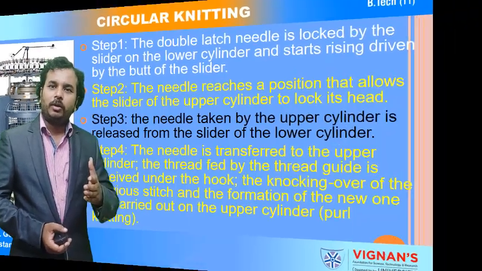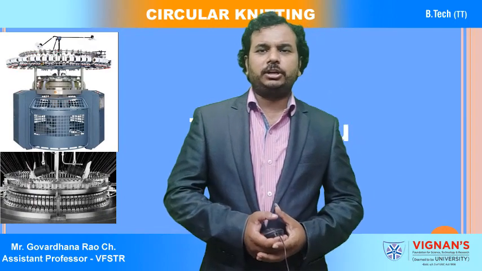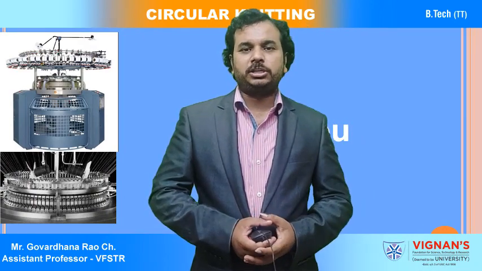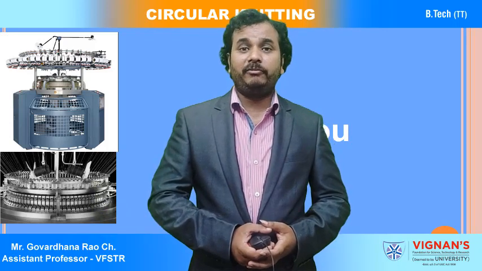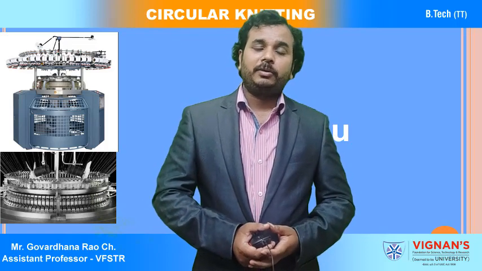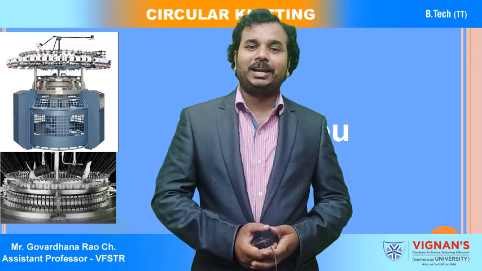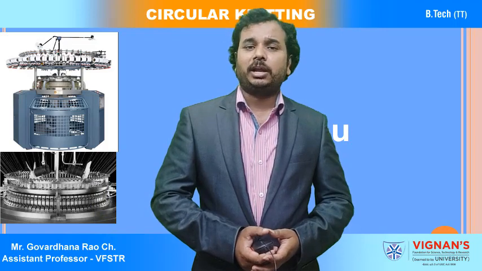So in this session we have discussed two knitting machines, that is, double bed weft knitting machines. In the double bed weft knitting machines, we discussed two categories: one is called the cylinder and dial category, and the second is called the double cylinder category.